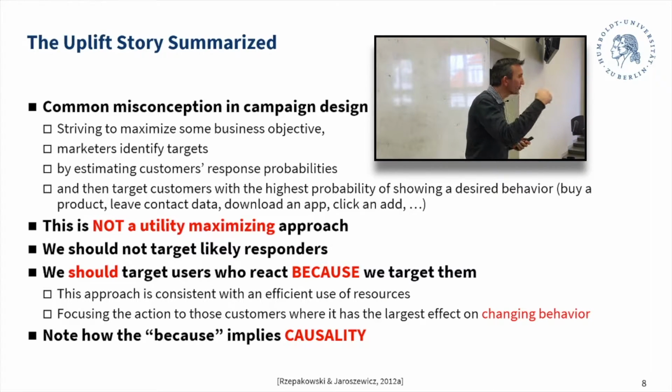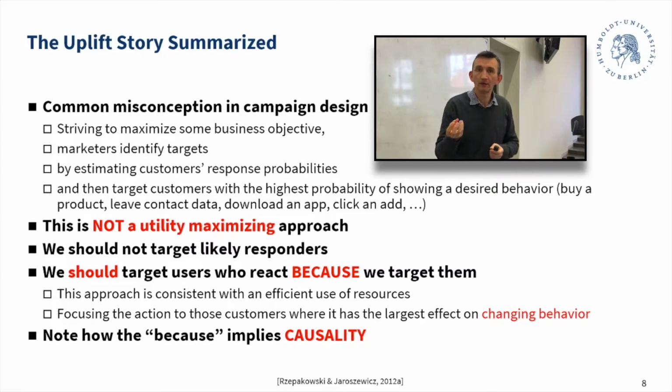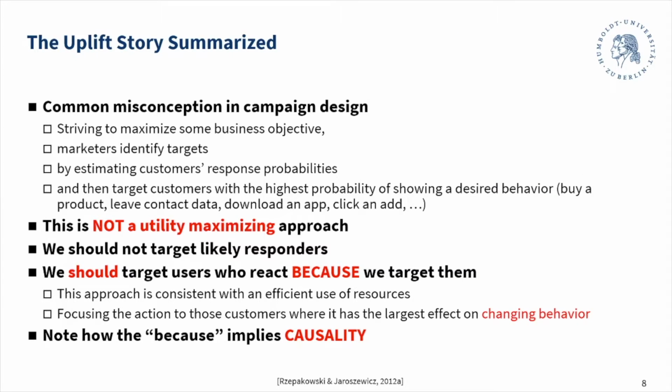If we really want to support these targeting decisions, we need a causal model that identifies those customers, those people, those subjects, where our cost, the cost of targeting or the cost of the voucher is well invested, unfolds the biggest impact. This is essentially what uplift models try to achieve.